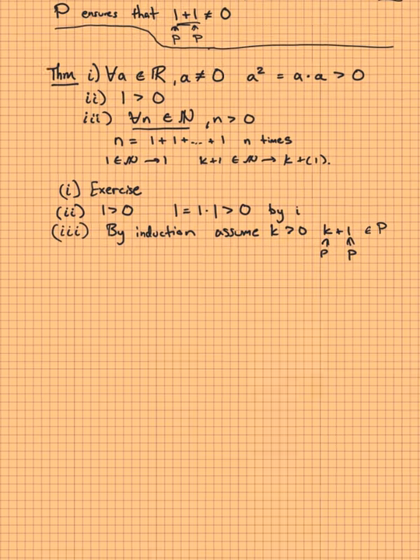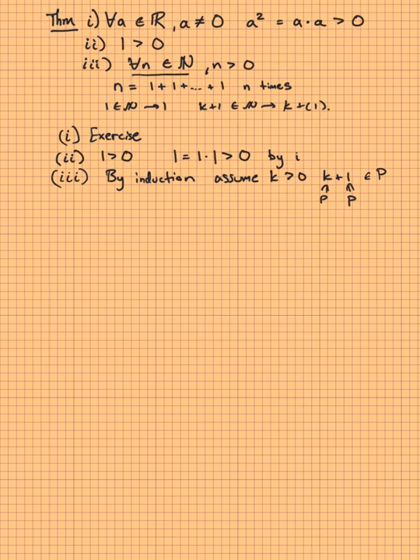Okay, so here's the first key observation. It's kind of remarkable that you can get this just from these axioms. But what we know is that there's going to be no smallest positive real number.